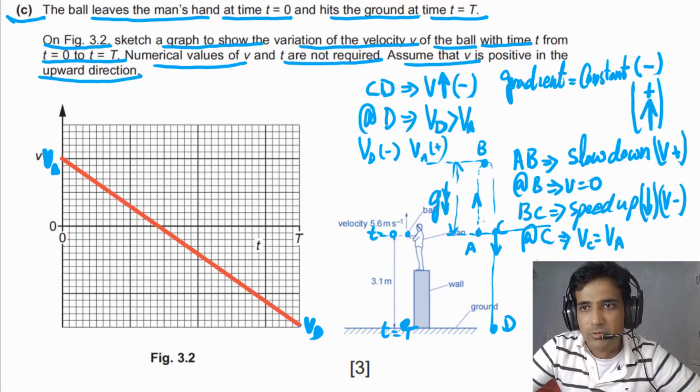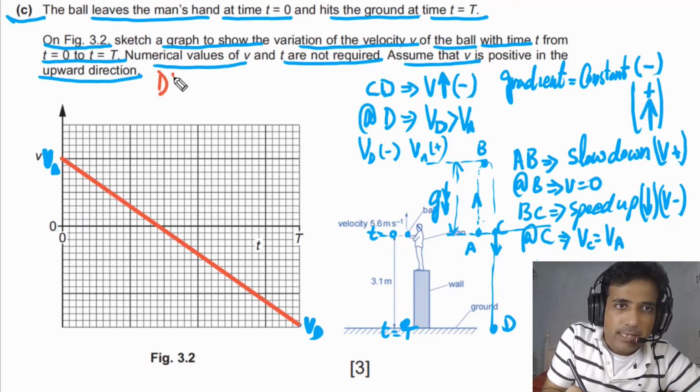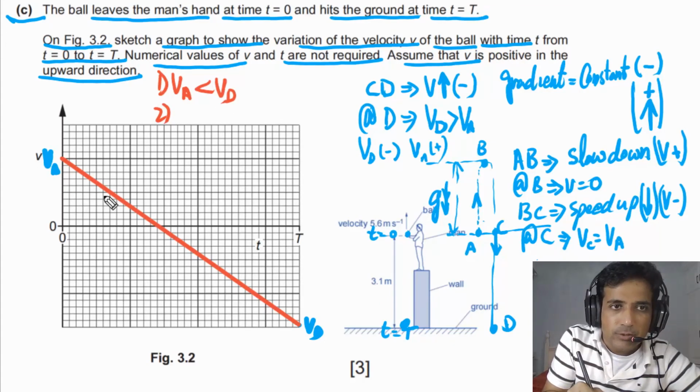This question has 3 marks. The first mark you will get if you have shown that VA is less than VD in magnitude. And the second mark you will get if the gradient is constant and negative, which means the gradient has only one value.